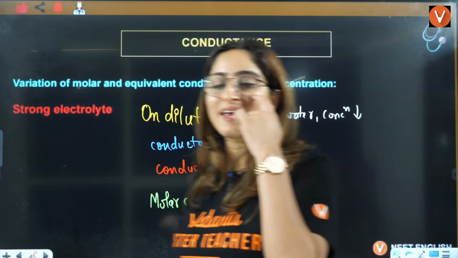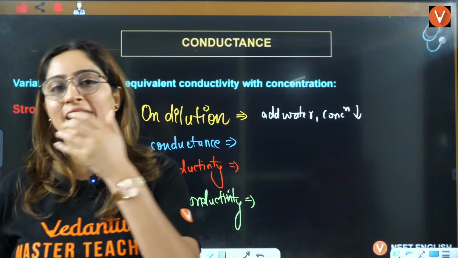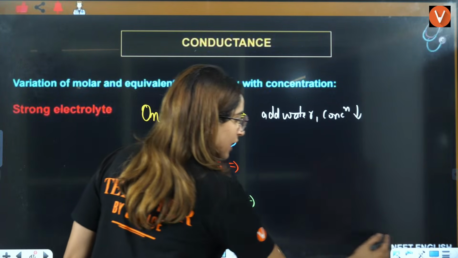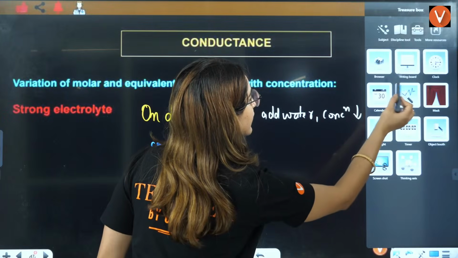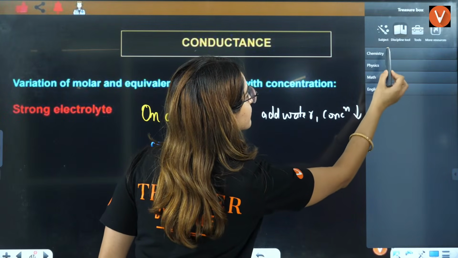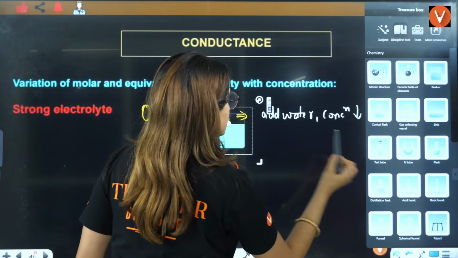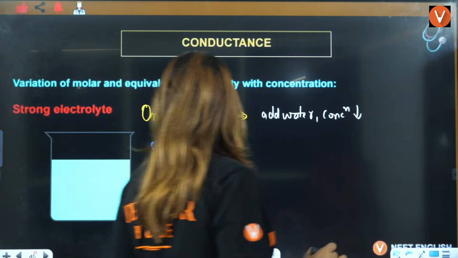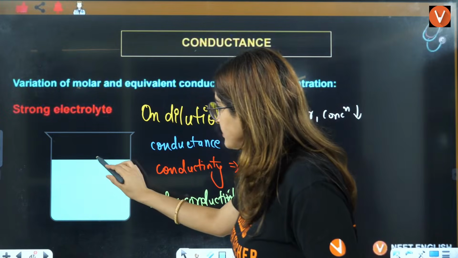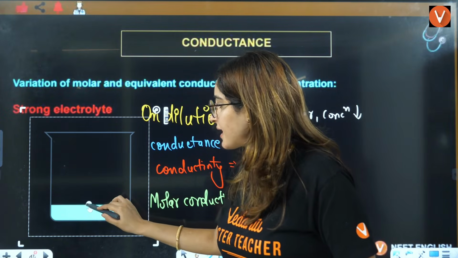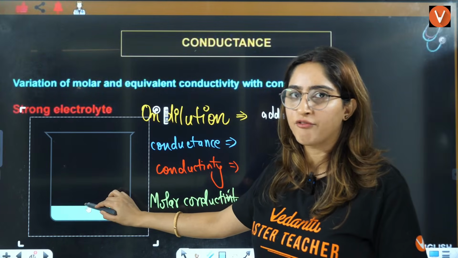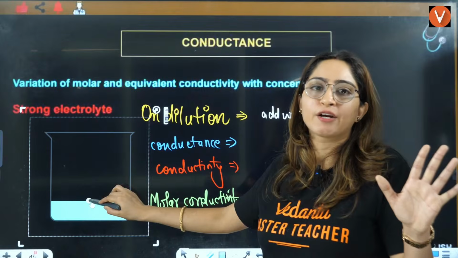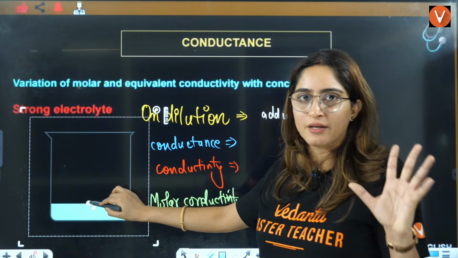When we are saying that you are adding water, let's say earlier you have, I'll just make a beaker here. So this is the beaker that we have. Now this is water. Firstly, let's say you have some NaCl, some strong electrolyte that is 100% dissociated.